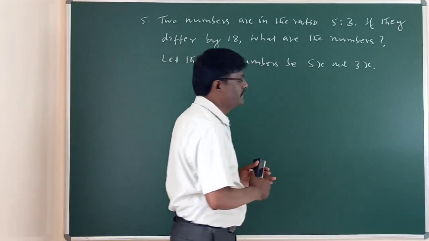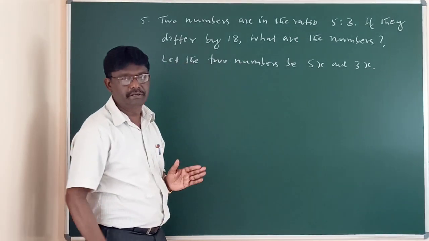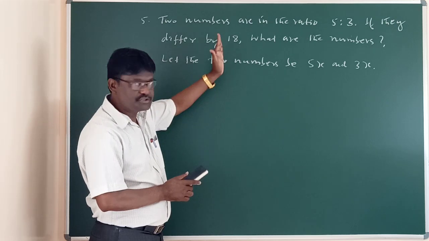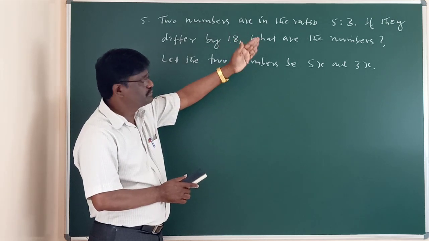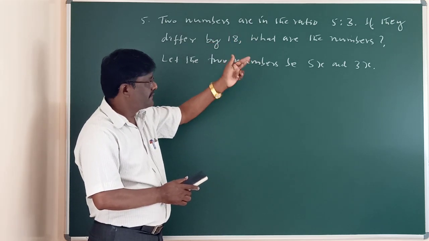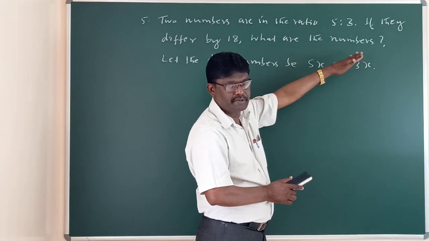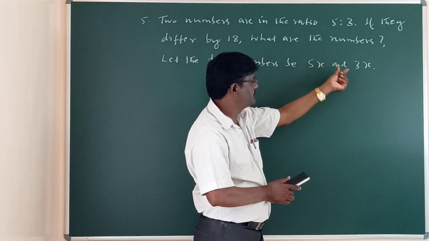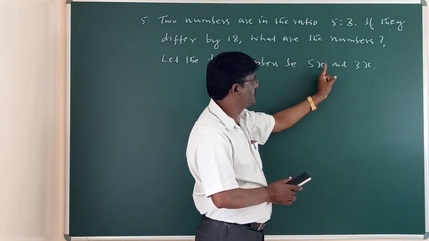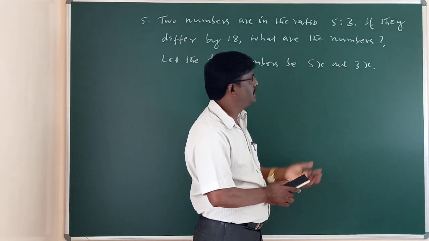We have no idea about the particular numbers. Since the ratio is given 5:3, that means 5 times of and then 3 times of. Therefore 5x and 3x. Once we know this x, we will get the required numbers.